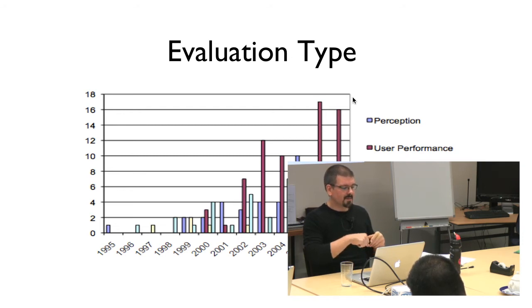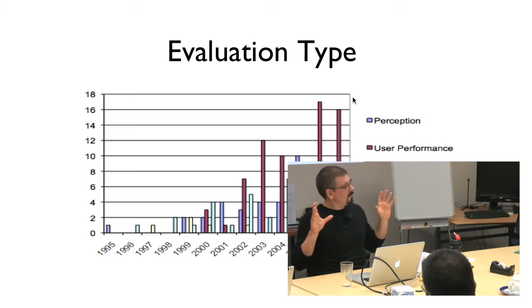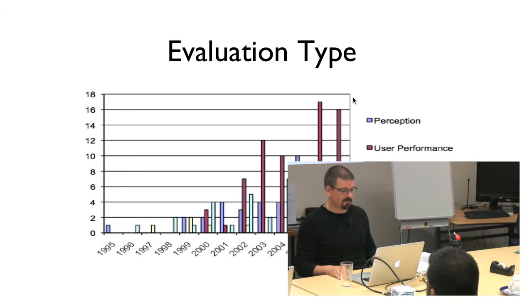But I think the message here is also to try to think outside of the box. There are more things you can study rather than only reaction time and error rates. It has been done quite a lot, but there are other types of evaluation you can do. Especially with collaboration, what we found was quite surprising: not so many studies looked into collaboration.